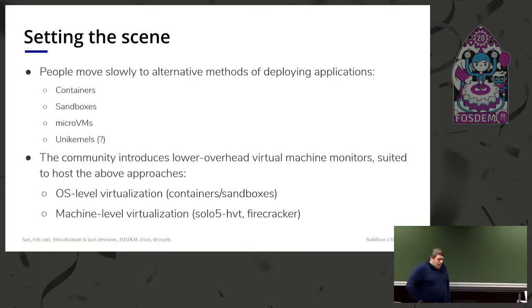So as I mentioned, people are using containers, sandboxes, micro VMs, micro VMMs, or unikernels. We're not sure about that. And we have seen that the community has introduced some lower overhead VMMs that can host these approaches. People are using containers and unikernels on containers.